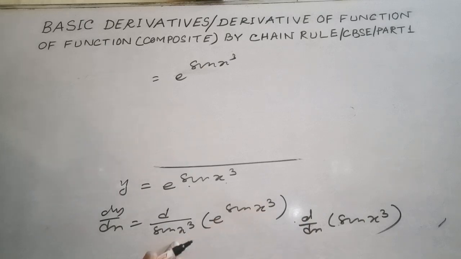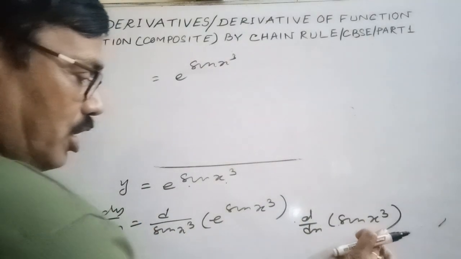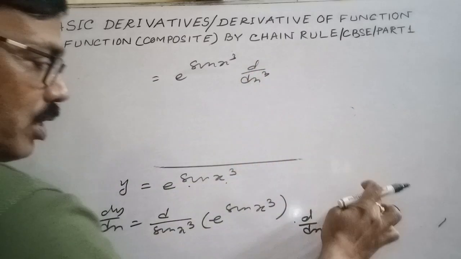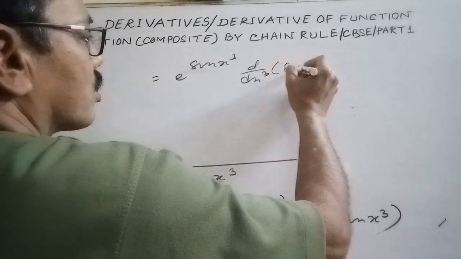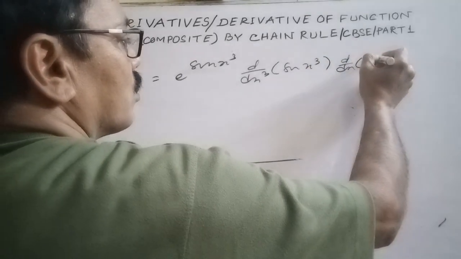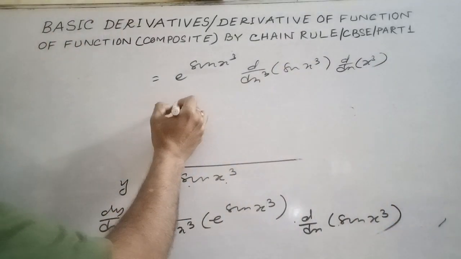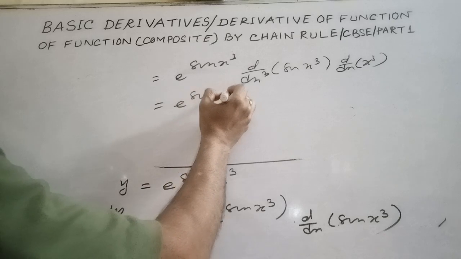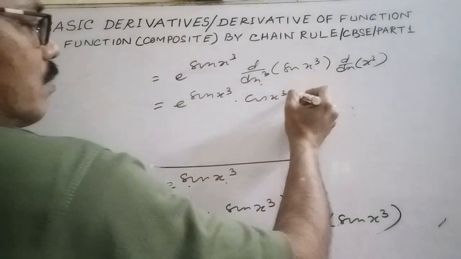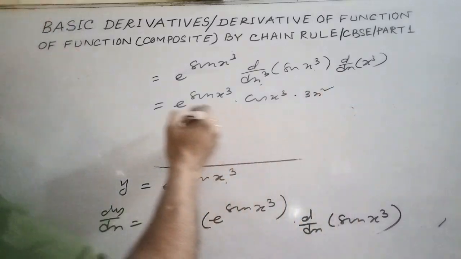Derivative of e to the power x is e to the power x. Now it is with respect to x, so derivative with respect to the argument sine x cube, into d/dx of x cube. So e to the power sine x cube into cos x cube, because this is the same, into 3x square.